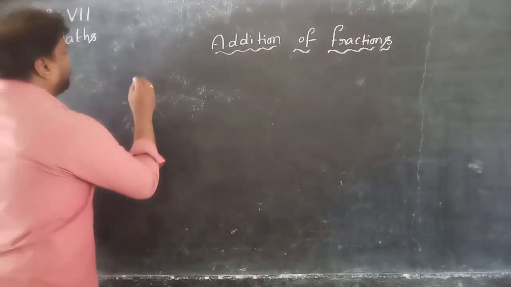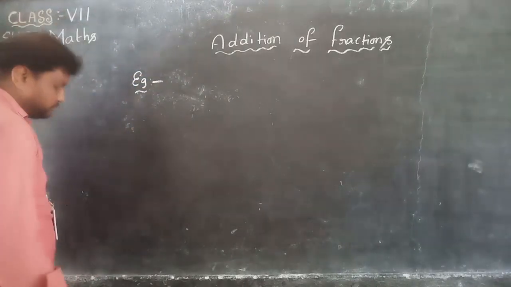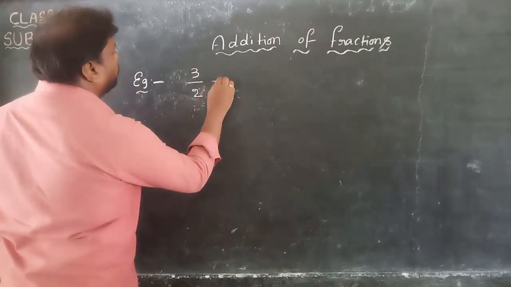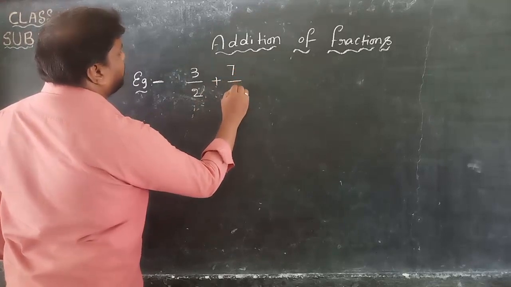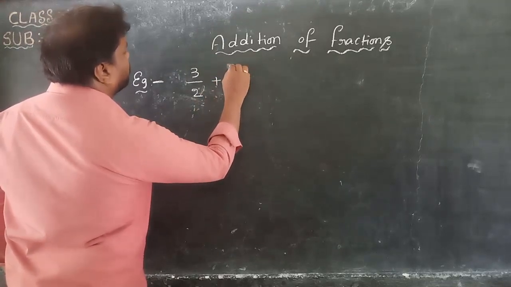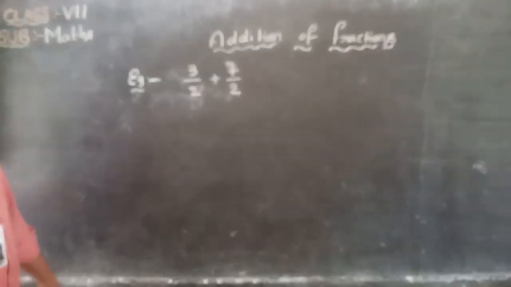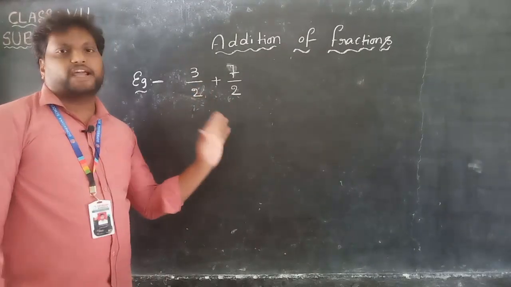Okay, in that, the first example: 3 by 2 plus 7 by 2. See, first of all check whether these are like fractions or not.